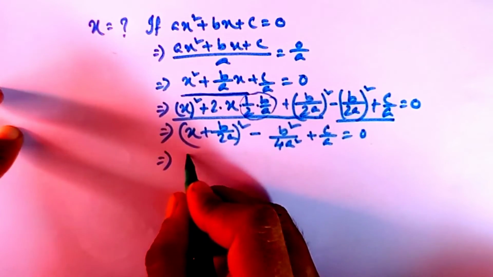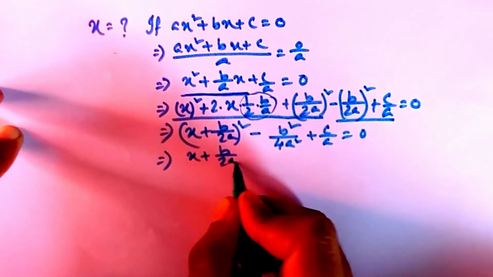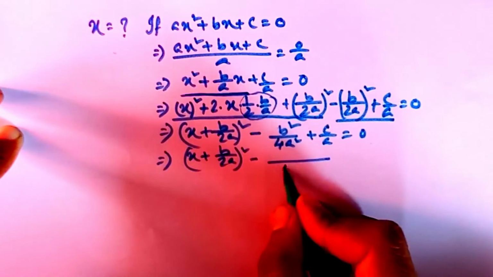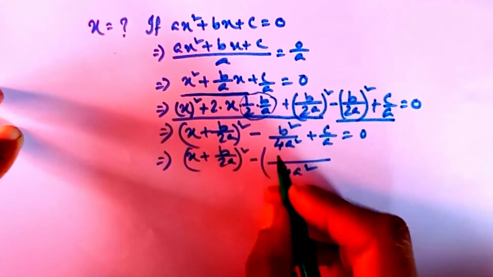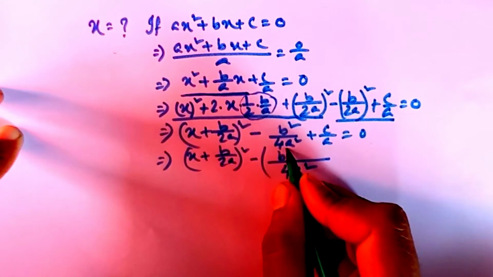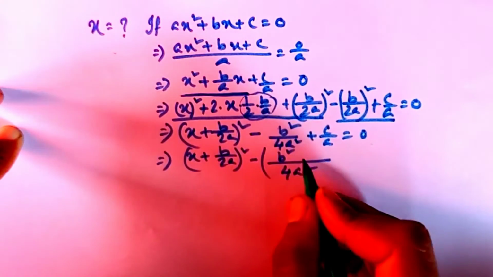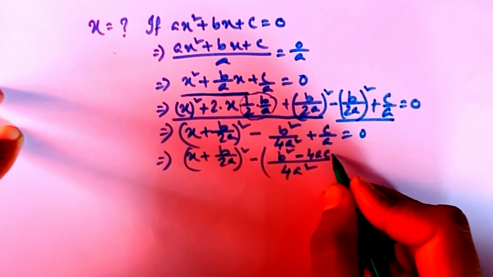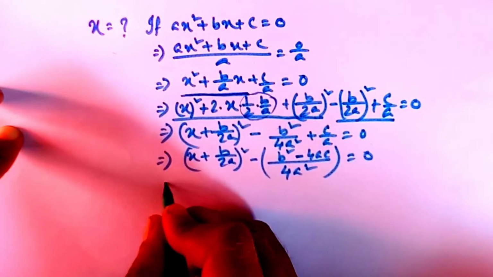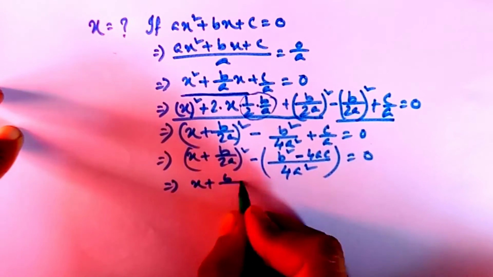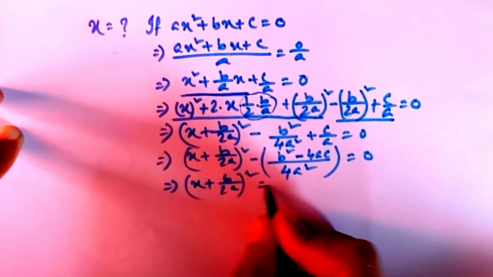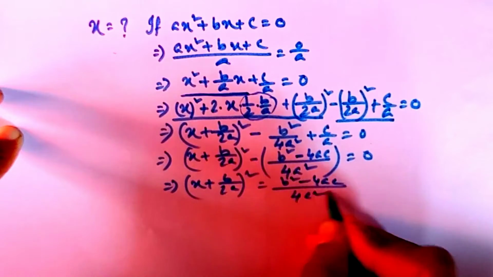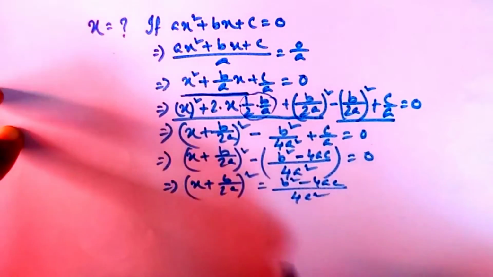Now we can write x plus b by 2a whole square, equal to b square minus 4ac over 4a square. This is minus, so we get the plus.